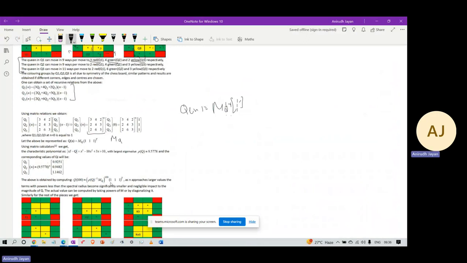And one can state that Q of 100 is approximately equal to the spectral radius of Q. The spectral radius is the largest eigenvalue.